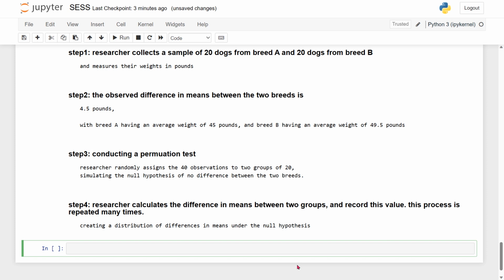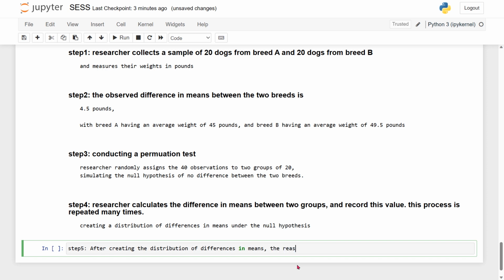Then after creating the distribution, it's all done. Step 5. After creating the distribution of differences in means, this is our statistic here.